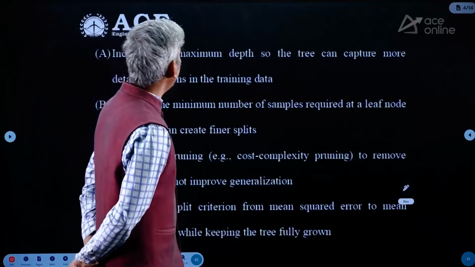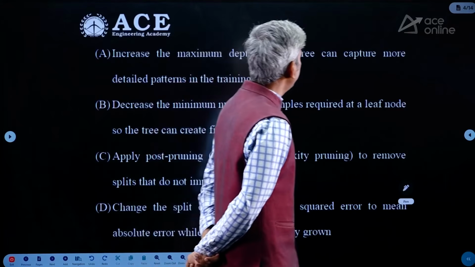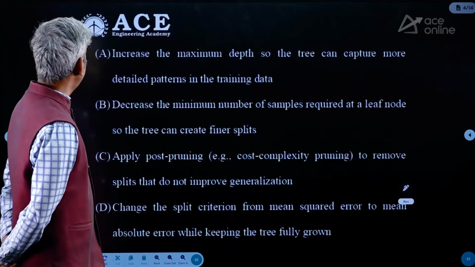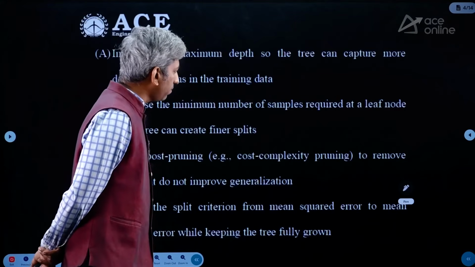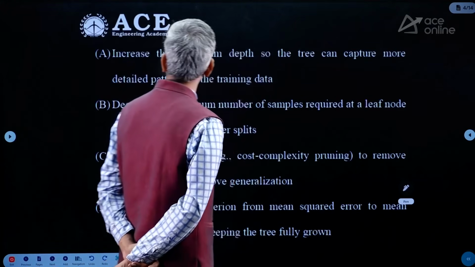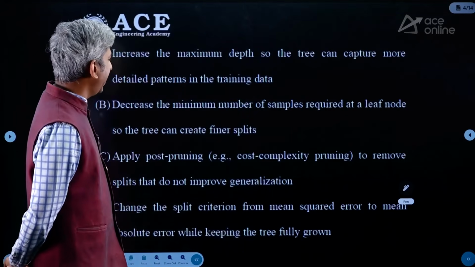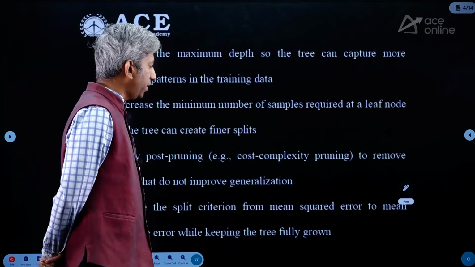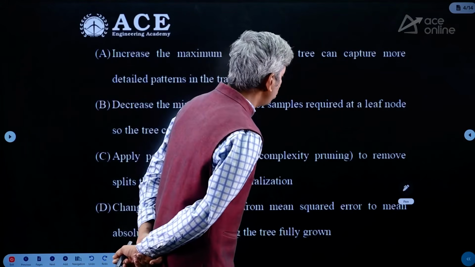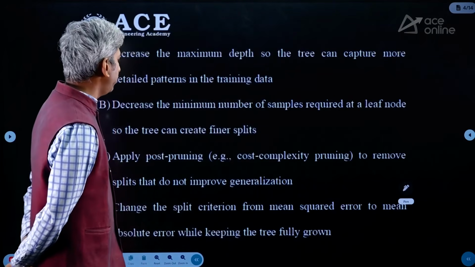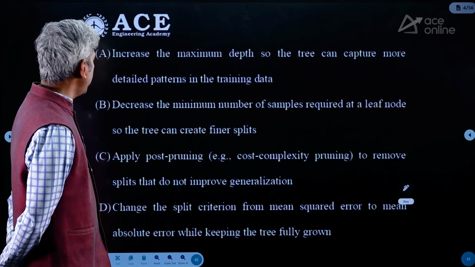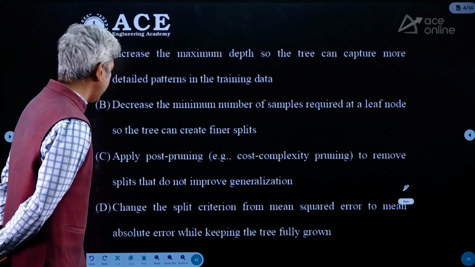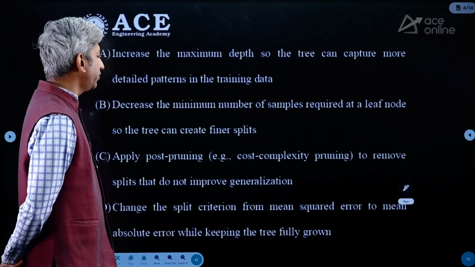Option A, increase the maximum depth so the tree can capture more detailed patterns in the training data. Option B, decrease the minimum number of samples required at a leaf node so the tree can create finer splits. Option C, apply post pruning, for example, cost complexity pruning to remove splits that do not improve generalization. Option D, change the split criteria from mean squared error to mean absolute error while keeping the tree fully grown.